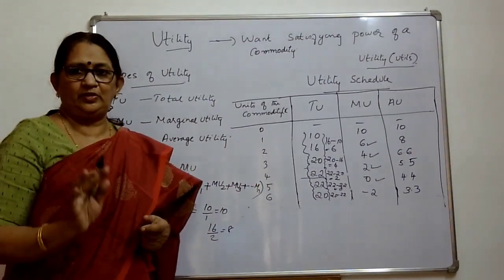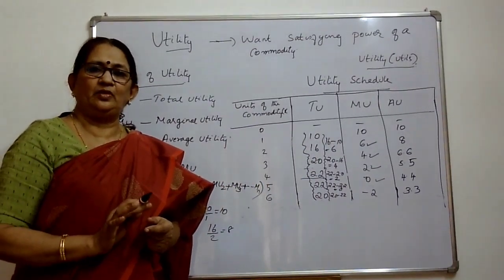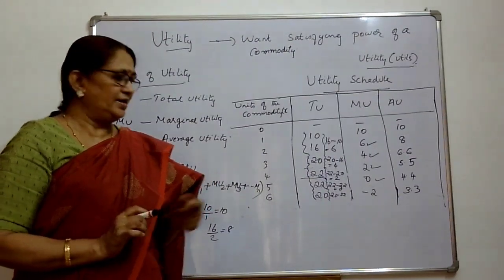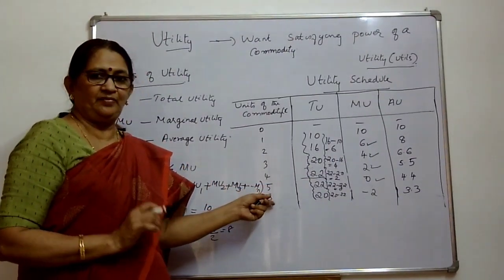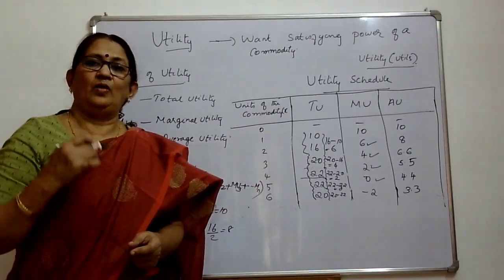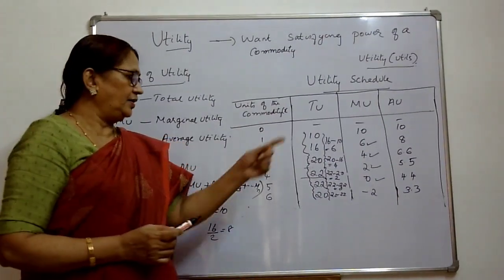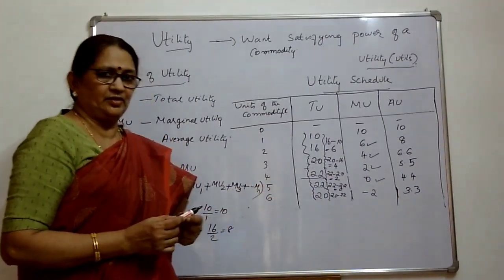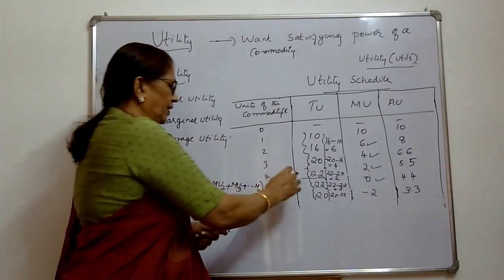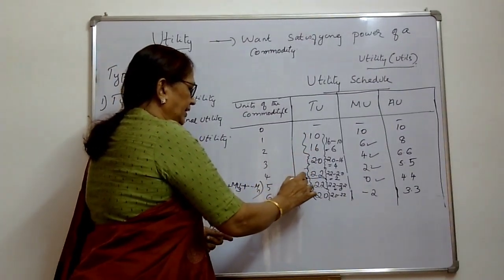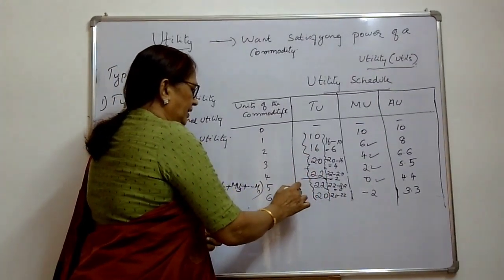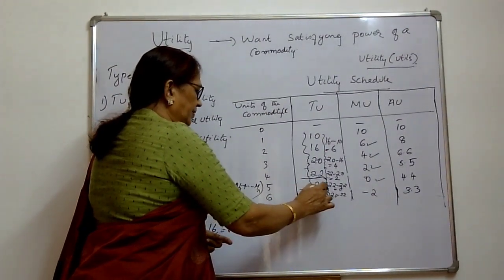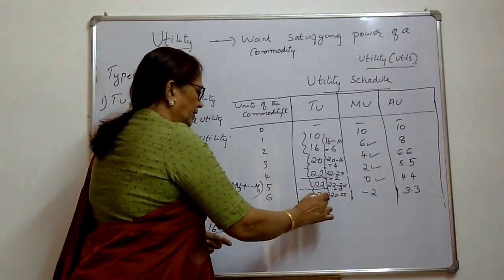No. 4th unit 22 utils, 5th unit also 22 utils. 6th unit, if the consumer is consuming one more unit of the commodity, total utility declines. So 3 stages are there: total utility increases, then total utility remains constant, then total utility declines.